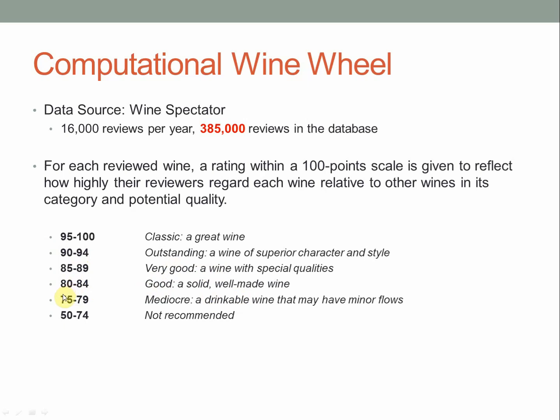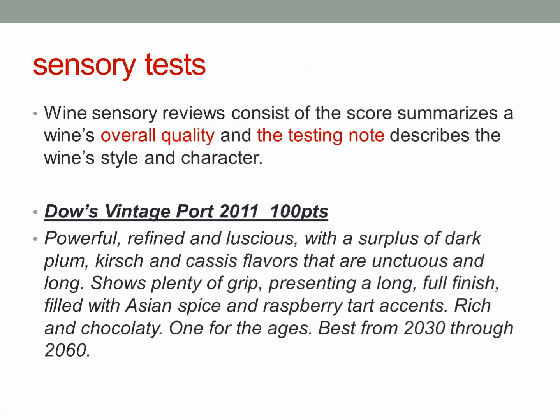Wines below 80 are usually considered not so attractive, so the data set that we try to collect actually falls into the category from 80 to 100. Those are the target wines that we want to study in terms of the quality of the wine.